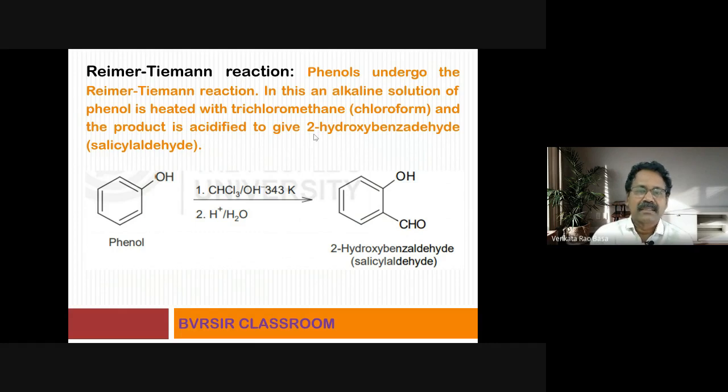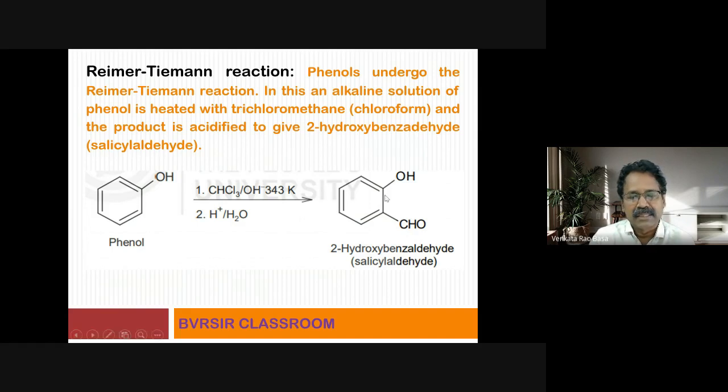By making use of this Reimer-Tiemann reaction, we can very comfortably prepare salicylaldehyde, which is a very important organic compound having synthetic applications. You observe this reaction: phenol, C6H5OH, is first treated with chloroform, CHCl3, in a basic medium, say NaOH, at a temperature of about 343 K. An intermediate product is formed, which is then subjected to reaction in this medium, resulting finally in 2-hydroxybenzaldehyde, also called ortho-hydroxybenzaldehyde, with the common name salicylaldehyde.